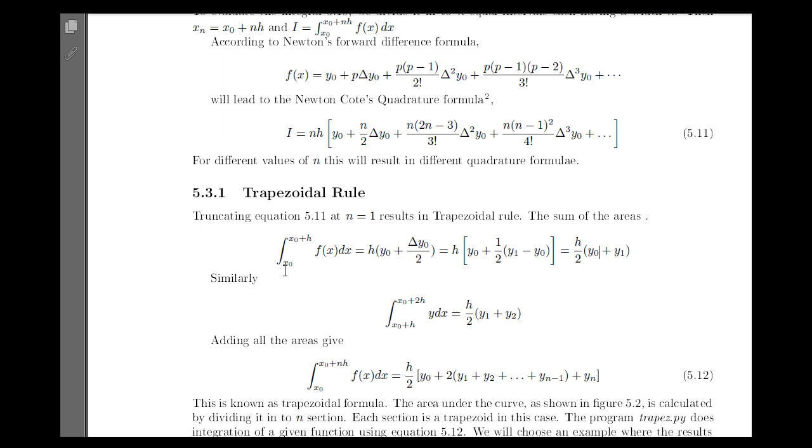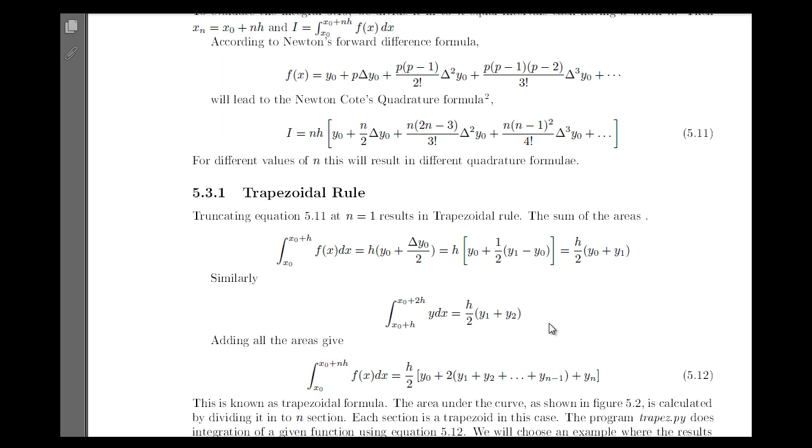Similarly, for the second x interval, from x0 + h to x0 + 2h, we do the same thing, and instead of y0, y1 will come, and instead of y1, y2 will come.